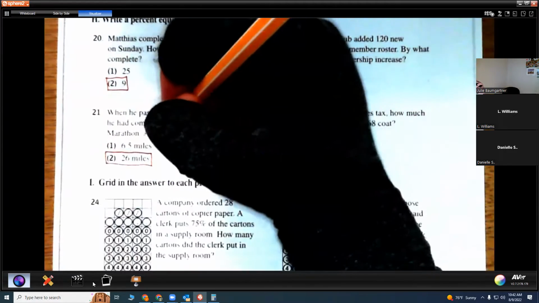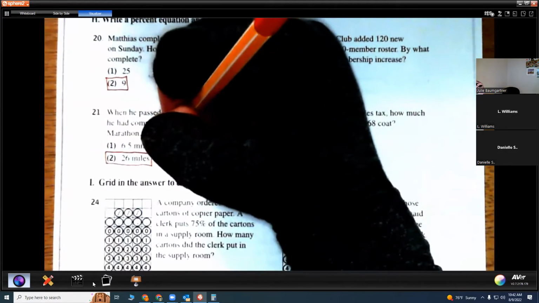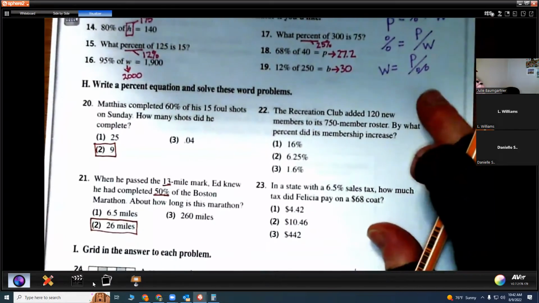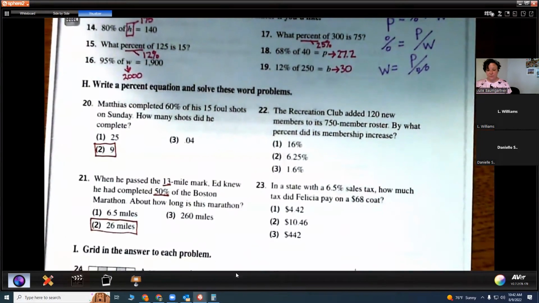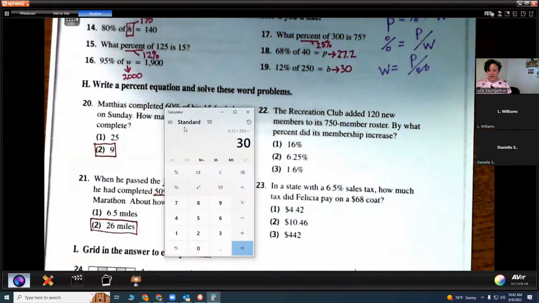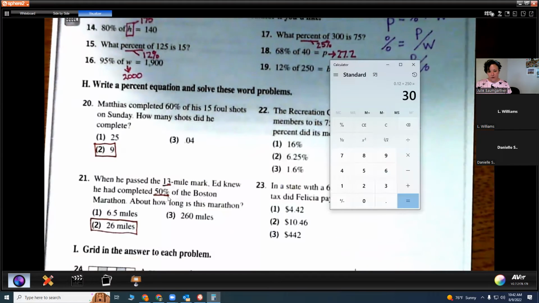Well, we have the part and we have the percent. So if we wanted to do the math, we would take the part and divide it by the percent. So 13 divided by 0.5, or 50%, is 26.